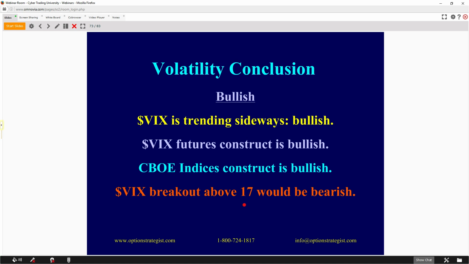What would upset this big apple cart would be VIX breaking out above 17. That would be your number one warning sign. And later it might change, but in reality, until VIX establishes an uptrend, you don't really have to worry about VIX giving a sell signal for stocks.